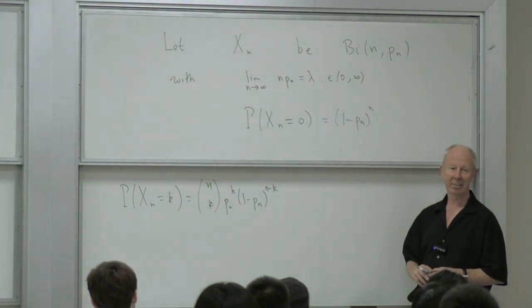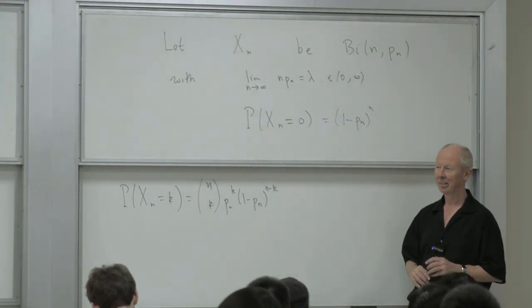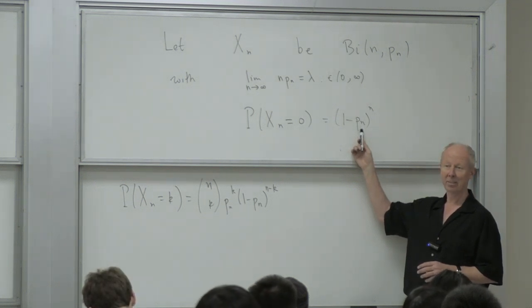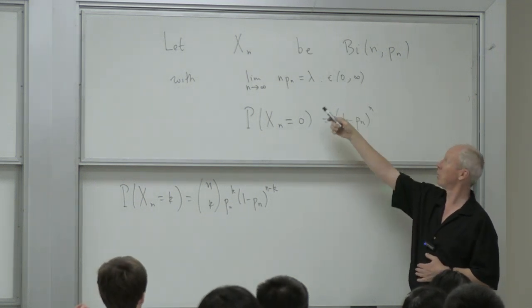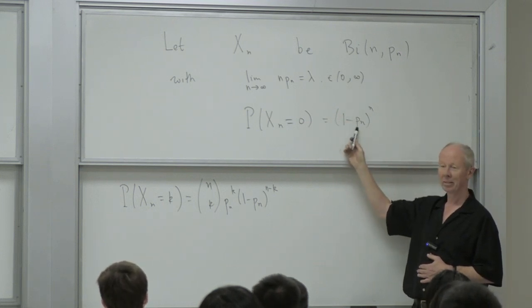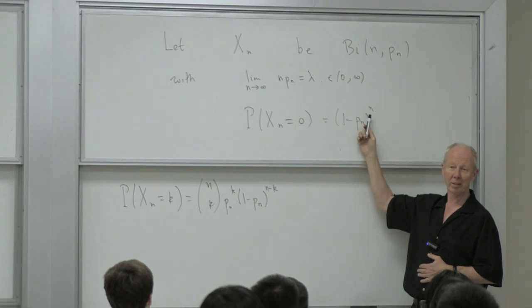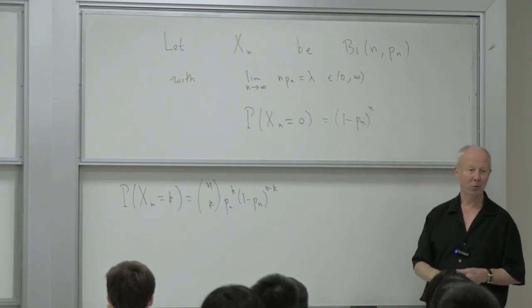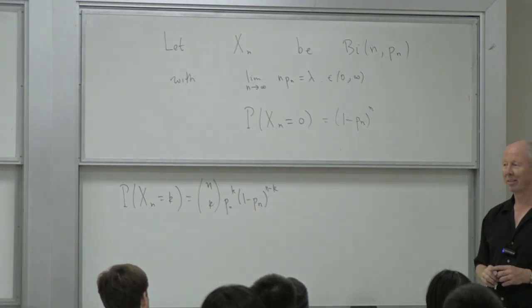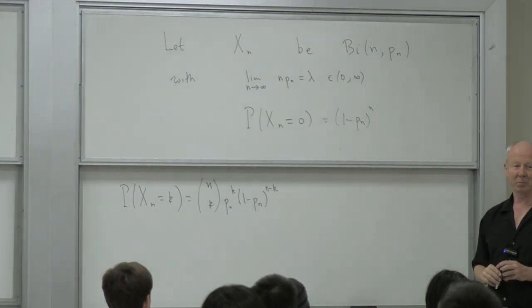On the other hand, this number Pn is going to 0, because n times Pn is going to a finite limit. And here we'd have 1, and 1 to the n would be 1. So this might be 1, it might be 0, or it might be something in between.